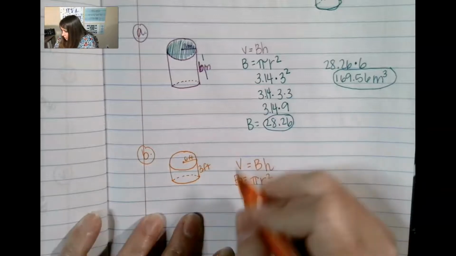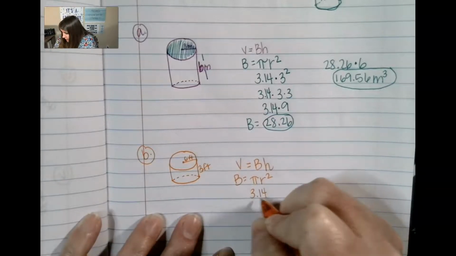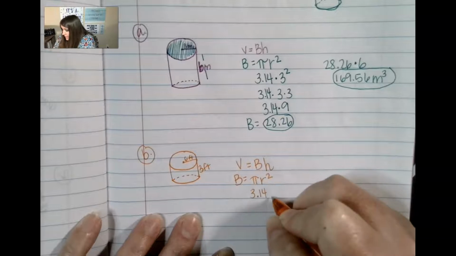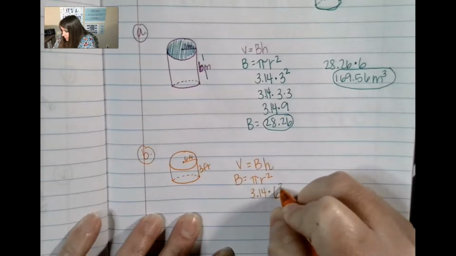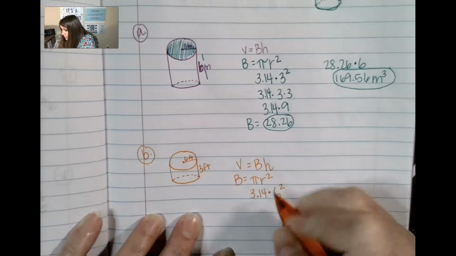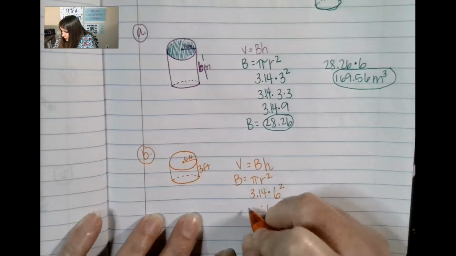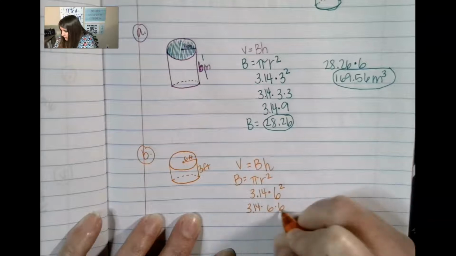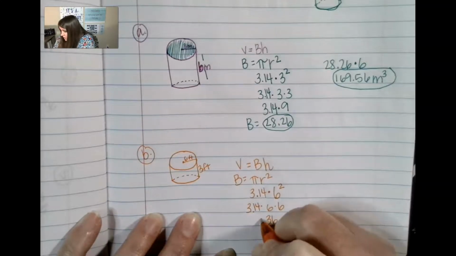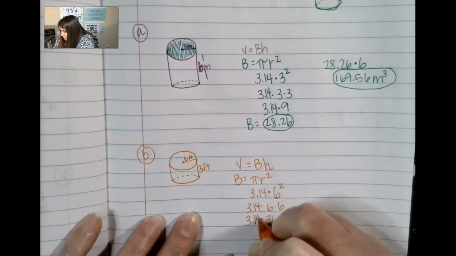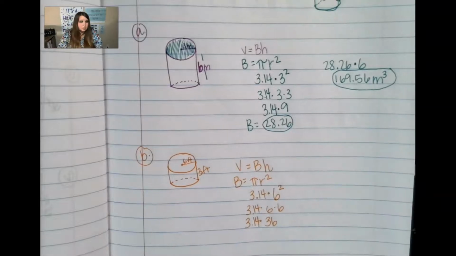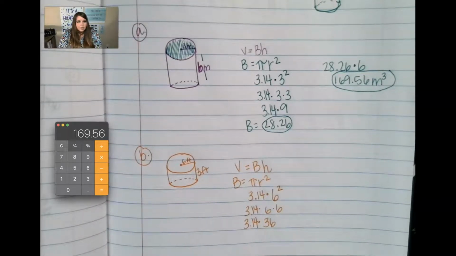So our 3.14 for pi, our radius is 6, so we're going to go 6 squared. And we know that 6 times 6 is 36, times 3.14. So let's go ahead and plug that into our handy dandy calculator.